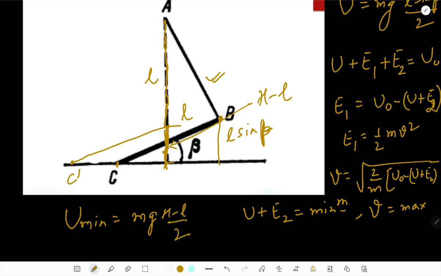This is the minimum potential energy of the rod when the string becomes vertical.